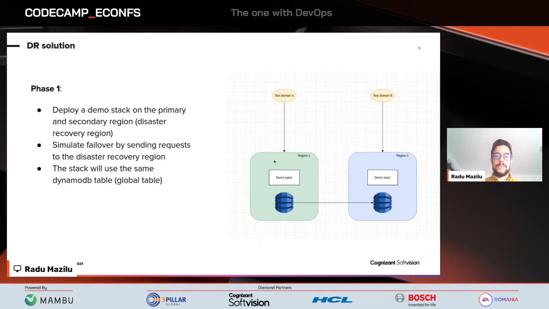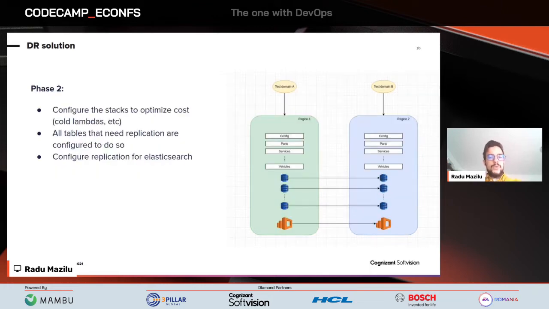We deployed the lambdas to both regions, enabled replication for DynamoDB, and we started sending requests to the first region, and then we switched to the second region, and we compared the results. We checked that every request is successful, and that the global count, that's very important for billing the clients, the global request count, is correct.